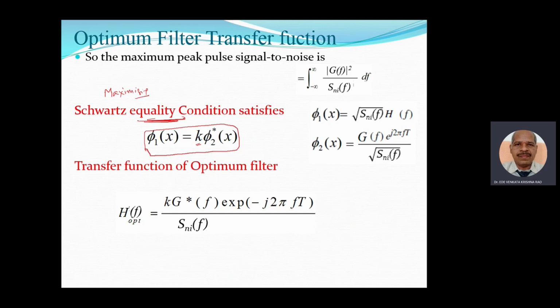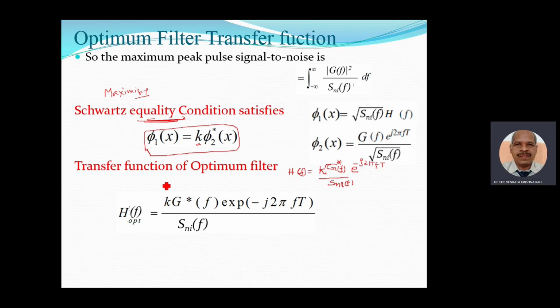Satisfying this equation, h of f equals a constant times the conjugate g star of f e power minus j2 pi f t, divided by Sni of f. So this is the transfer function h of f.